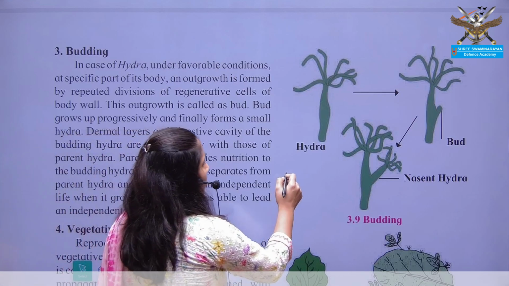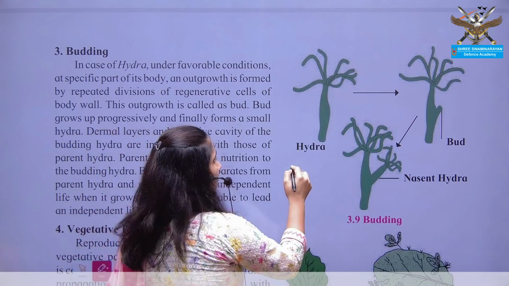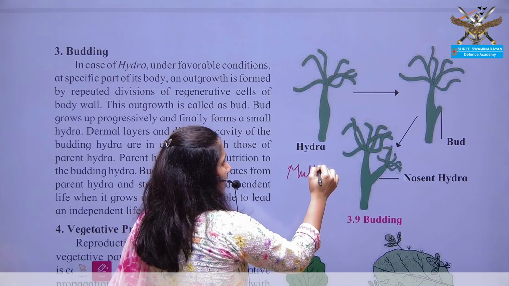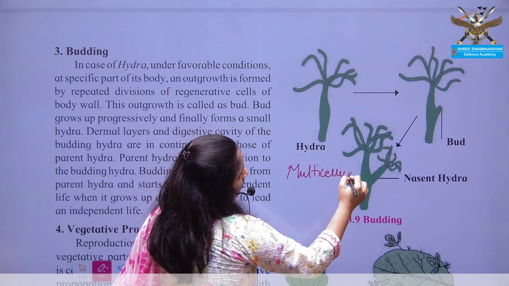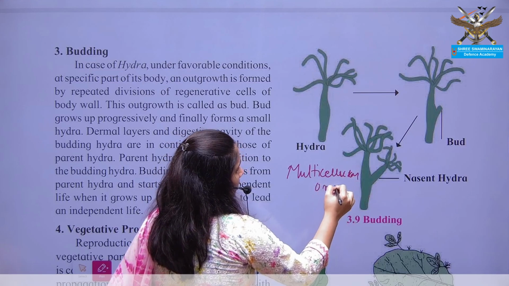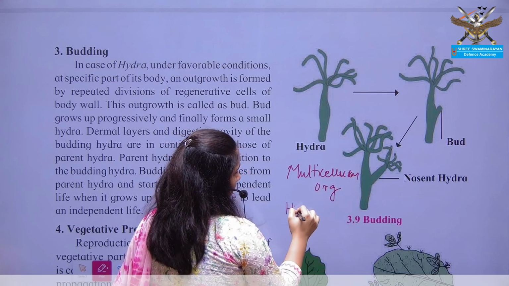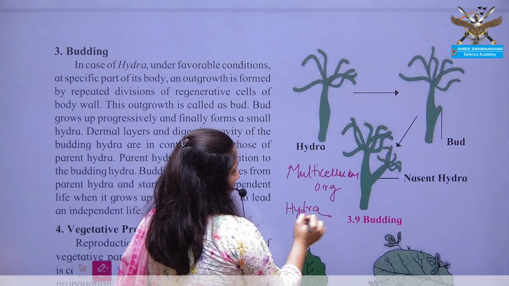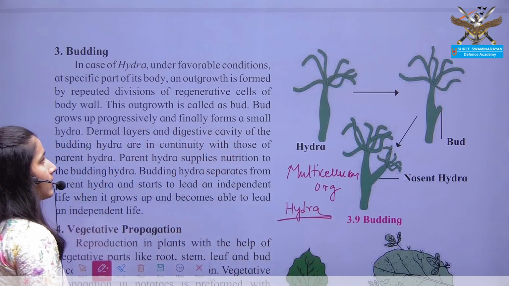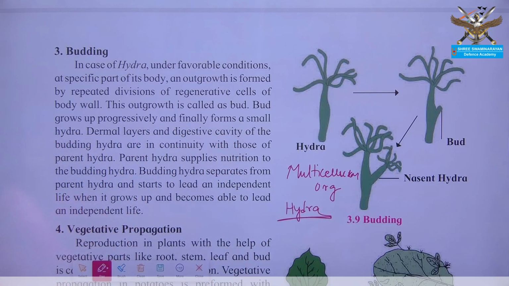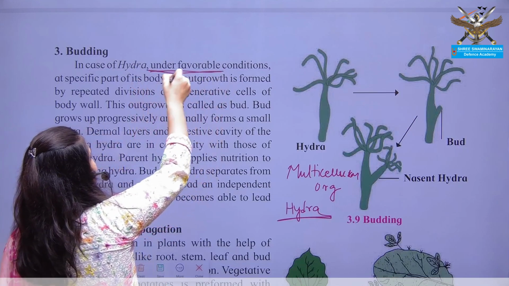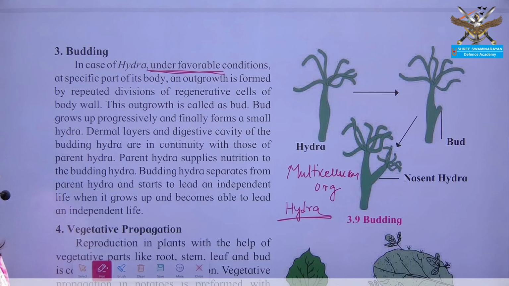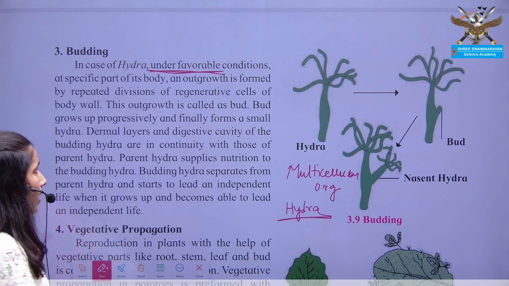Budding here is in which kind of organism? Again in a multicellular organism, that is Hydra. Budding is seen in Hydra. When conditions are favorable, these organisms start to form a bud or outgrowth.